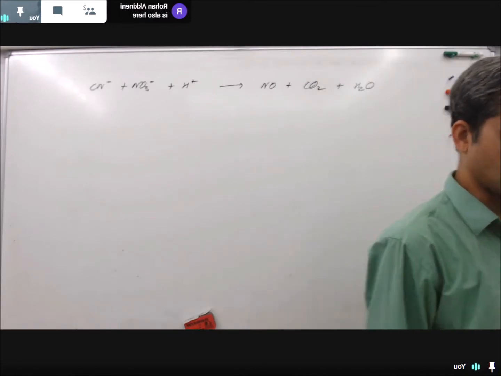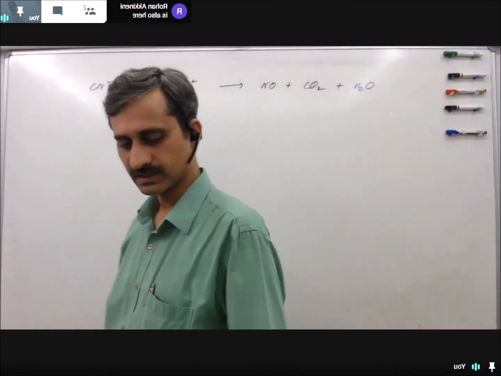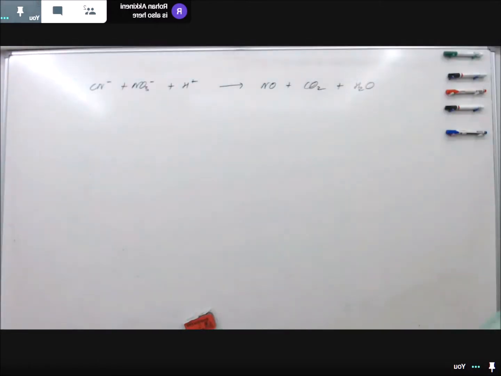Think over if you can think how to do this question. So we can remove the H plus and H2O, right? Yes, you can. The H plus is only going to tell you that this is an acidic medium.